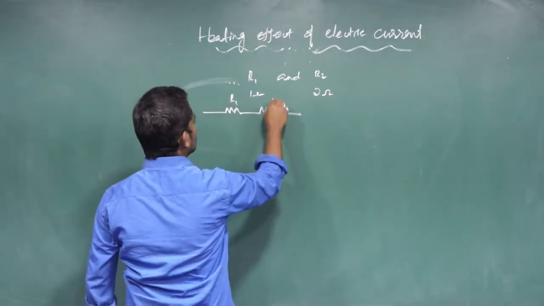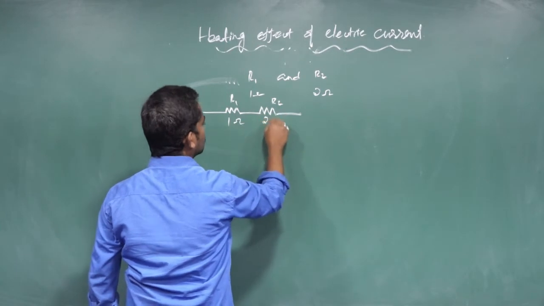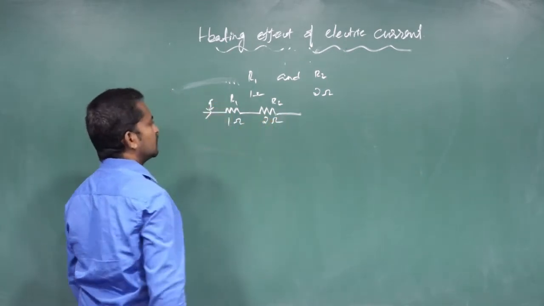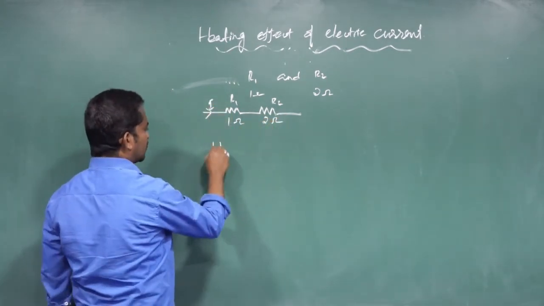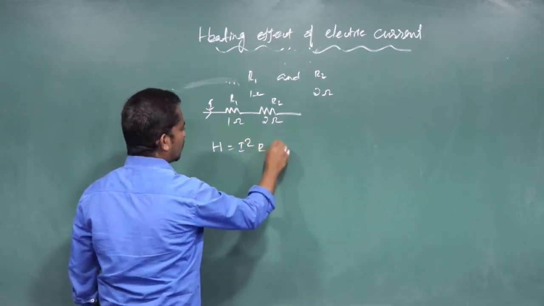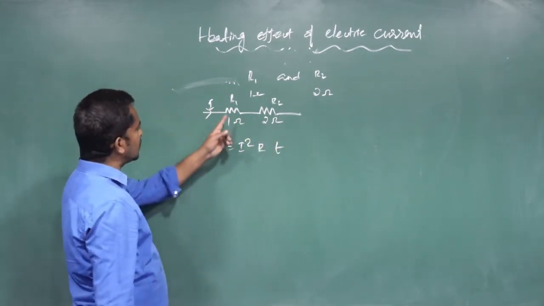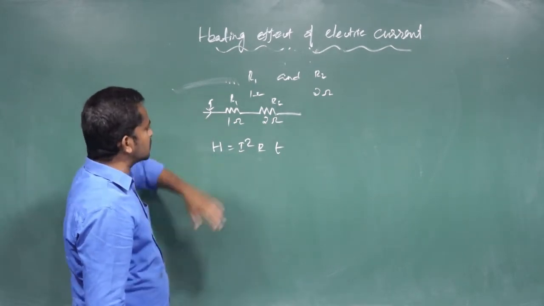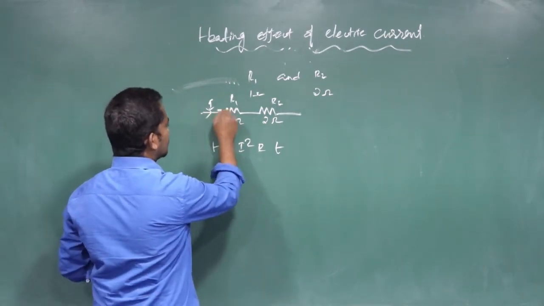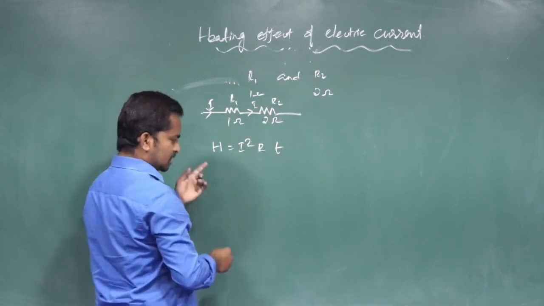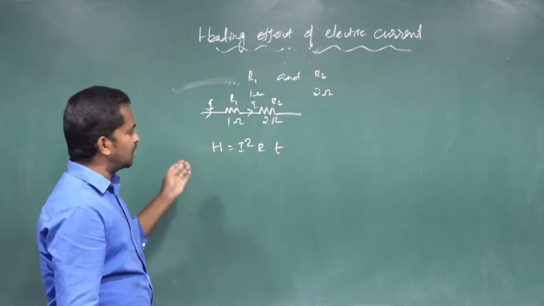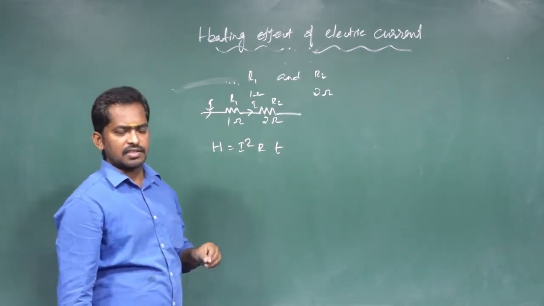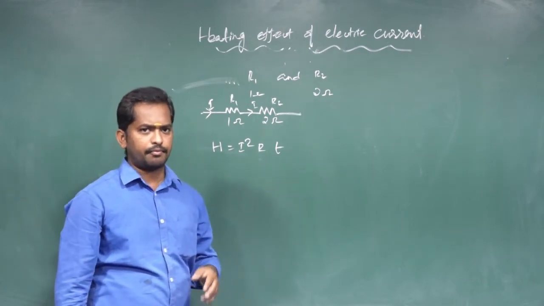This is R1, this is R2, the values are 1 ohm and 2 ohm, and the flow of current is I. According to Joule's law of heating, H is equal to I square RT. Here they are connected in series, so the flow of current is the same. If resistances are connected in series, the current is the same. If resistances are connected in parallel, the potential is the same.